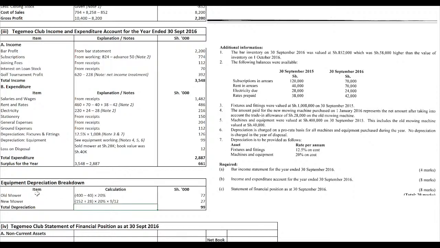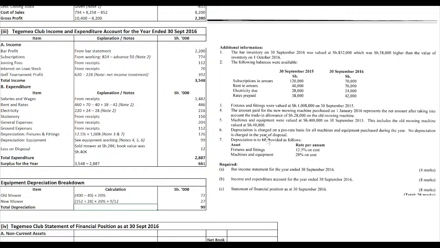So we first of all know the value of the equipment, which is 400, valued on 30th September, minus the old machine, which was valued at 40. Then you have to multiply by the rate, which is 20%.